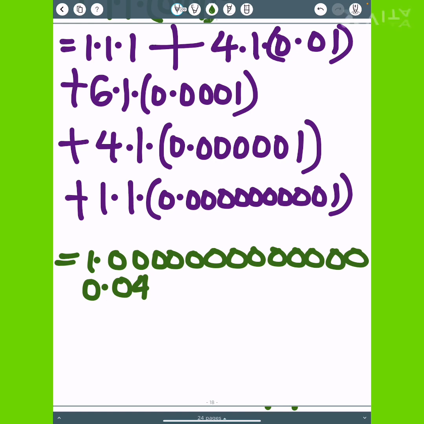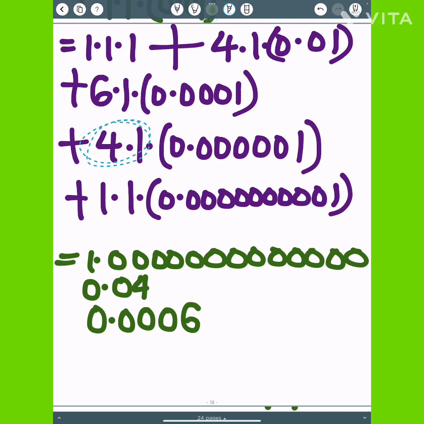Plus the next term. 6 times 1 is 6, and 6 times 0.0001 will give you 0.0006. I think that's clear enough.